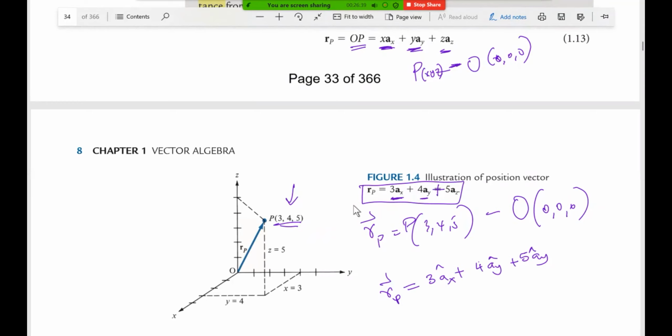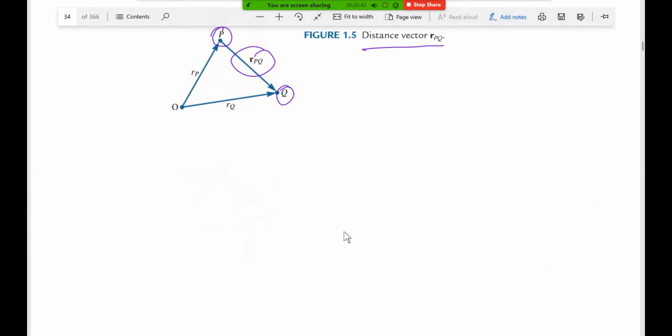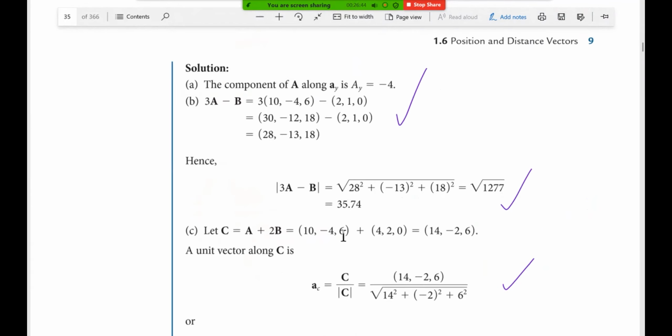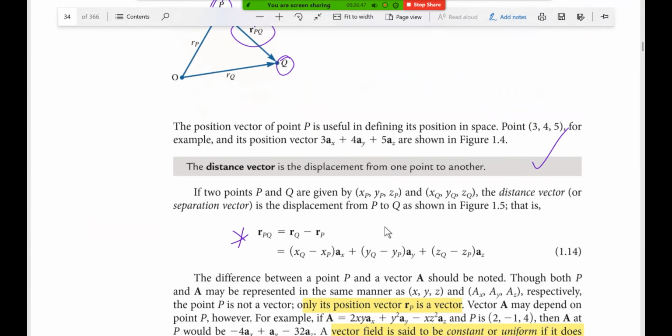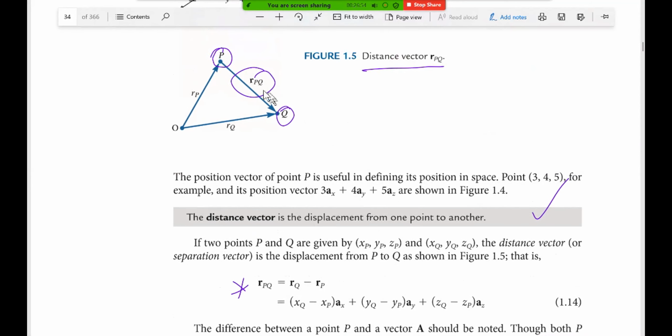Do you have any question regarding distance? I think you have not finished with distance, so I'll show you. The distance vector is a displacement from one point to another. This is where I was explaining the concept of P and Q. You want to find the distance between point P and point Q. The distance between them is indicated by the distance vector, and the notation is R with an arrow at the top, then PQ.